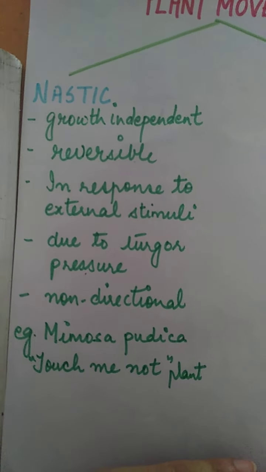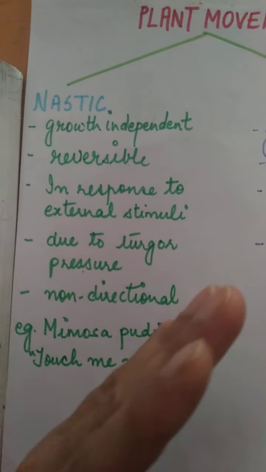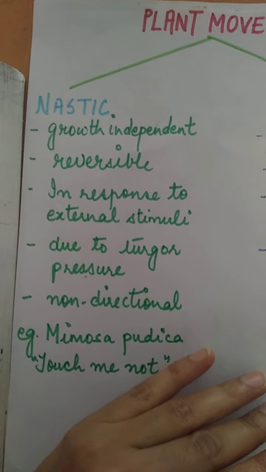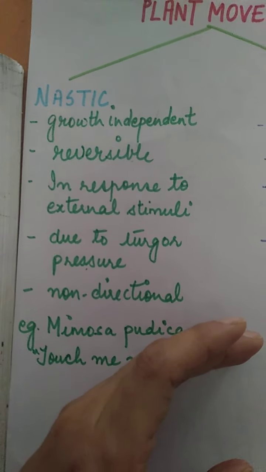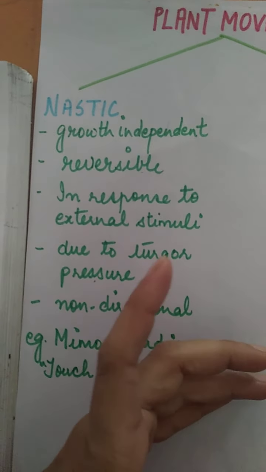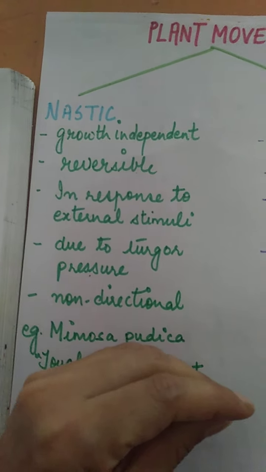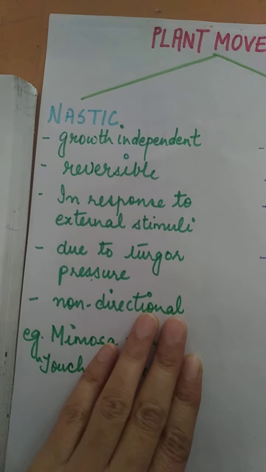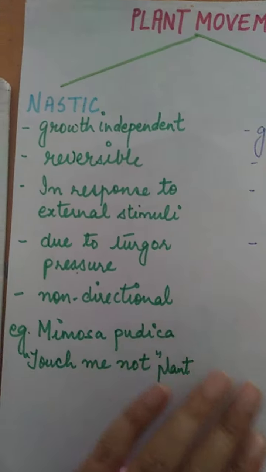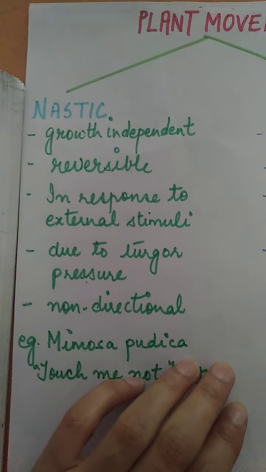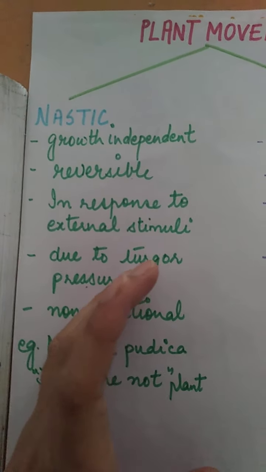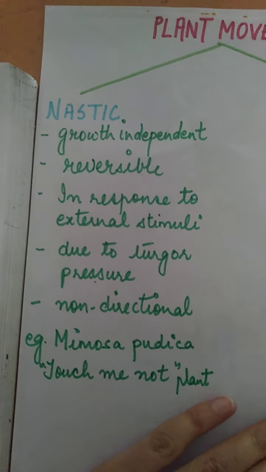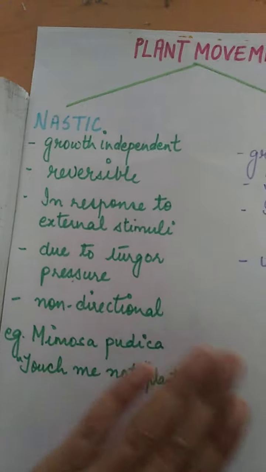That's why the leaves lose their turgidity and become flaccid, so the leaves of the plant close down. They are non-directional, which means they are not direction specific. Whether you touch the first leaf, the last leaf or the middle leaf, the whole bunch of leaves close down. So that is all about nastic movements.